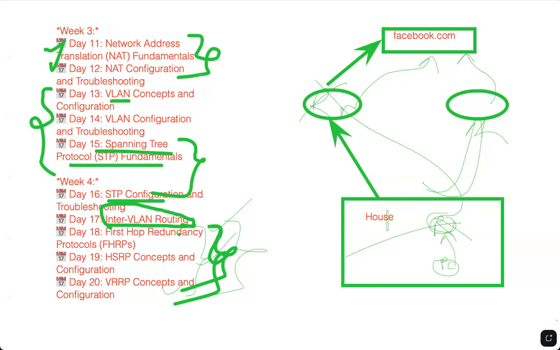We will talk about how to separate the networks with subnetworks, how to provide more granularity with VLANs, how to control the packets with ACLs, how we translate the IP addresses from private to public with network address translation, and how we apply the failover mechanism with first hop redundancy protocols.